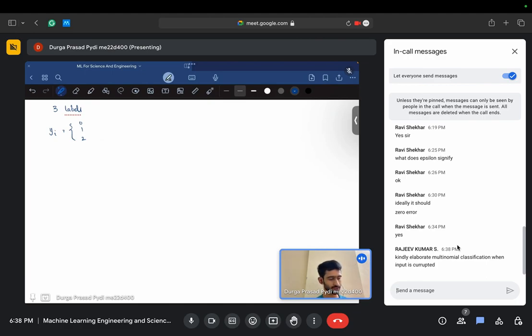What can happen now is, say we have 3 different possibilities, epsilon 1, epsilon 2, epsilon 3, where epsilon 1 is the probability that the ground truth is true but the label is false. Similarly for epsilon 2 and epsilon 3.